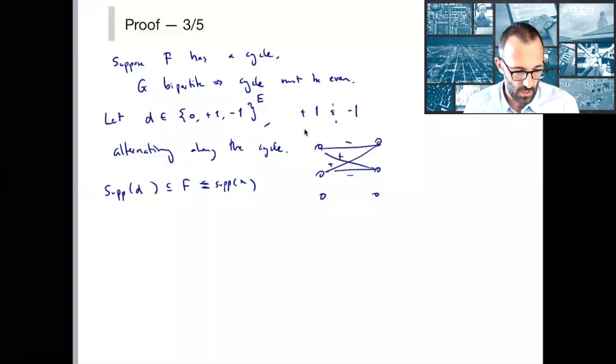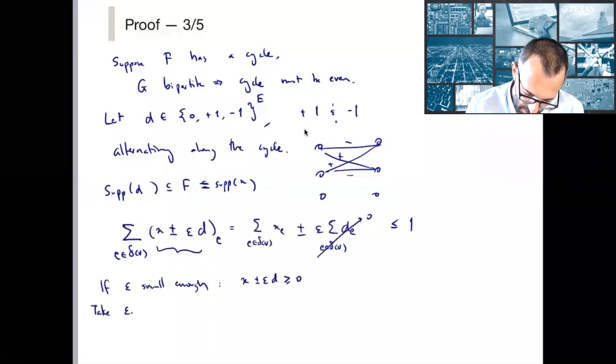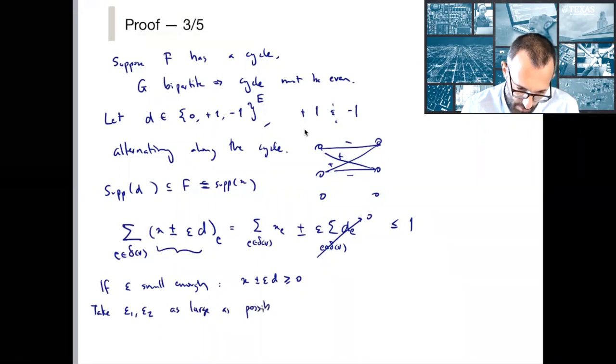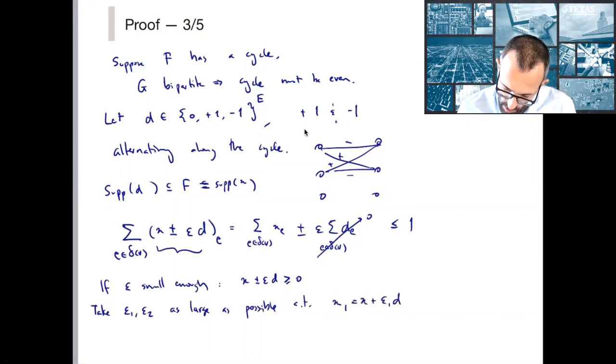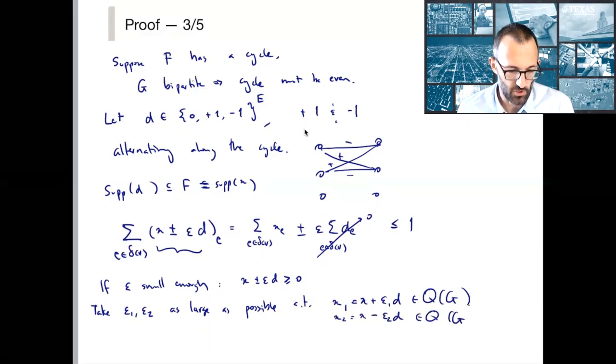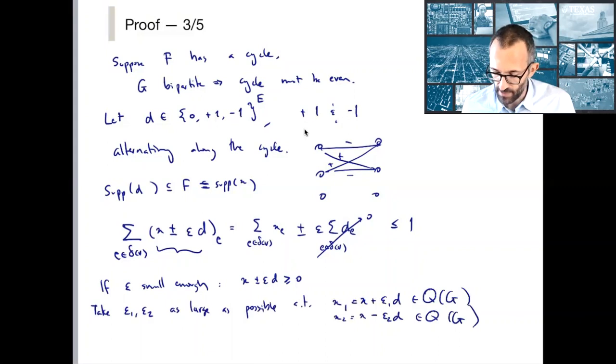So to write out those details, now I'll just take epsilon 1 and epsilon 2 as large as possible, such that x1, which is equal to x plus epsilon 1 d, belongs to Q of G, and similarly x2 equal to x minus epsilon 2 d belongs to Q of G. But what happened? Why did we stop growing epsilon 1 and epsilon 2?